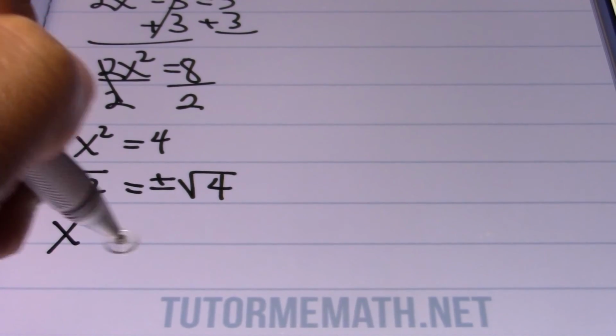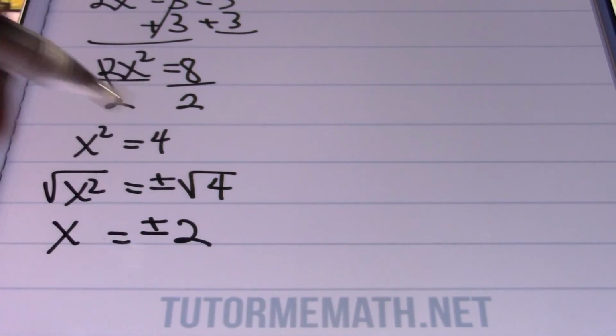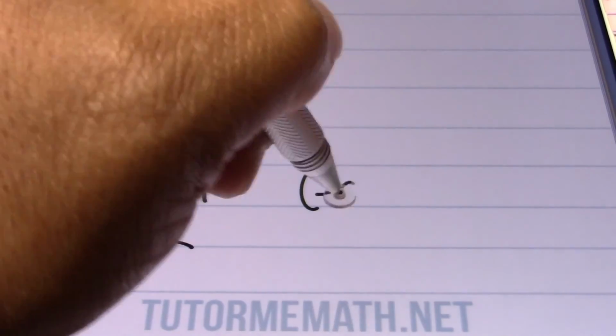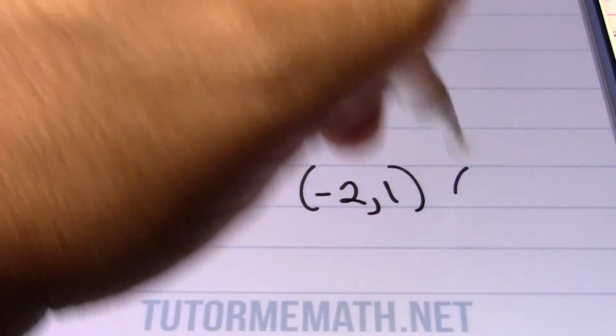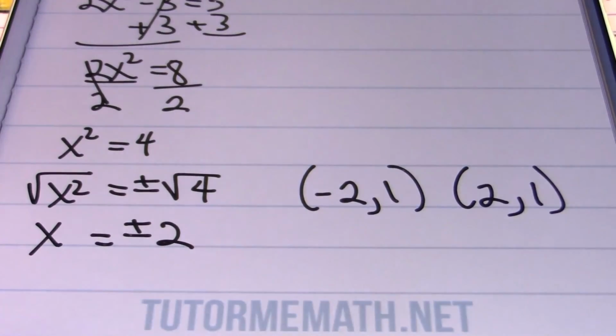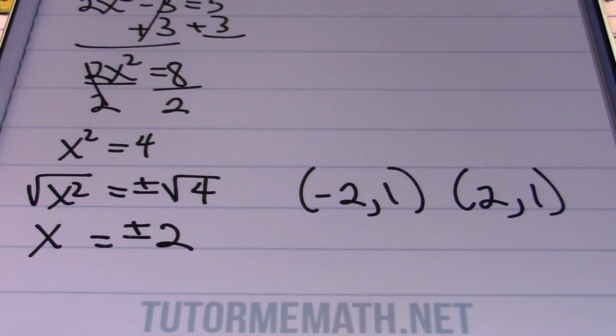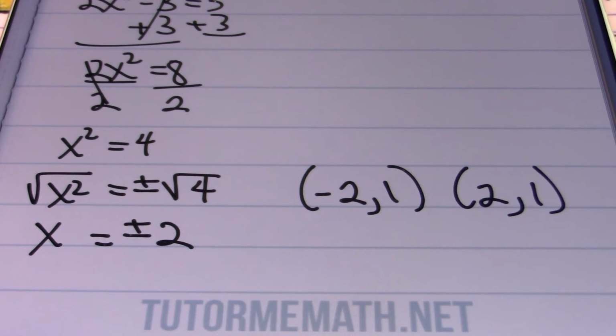And now x equals plus or minus 2. So because x equals plus or minus 2, our potential solutions from this equation will be -2, 1, as well as 2, 1. And then these two solutions, along with the previous two solutions, we'll need to test in the original system to see if they work.